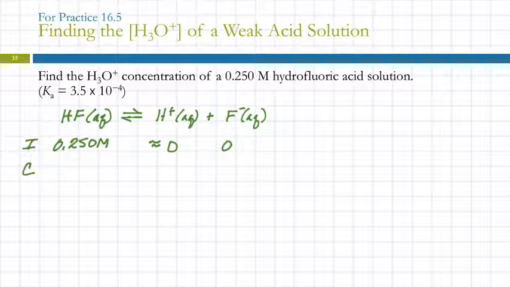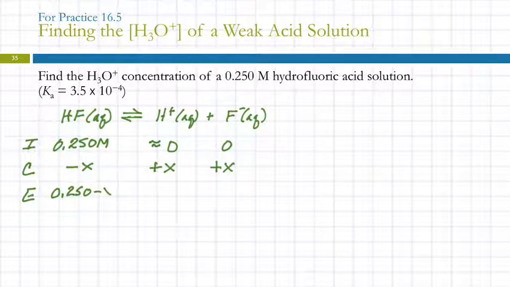And we can look at the change. This reaction can only proceed in the forward direction because there are no products to go in the reverse. All the coefficients are 1, so this is going to have a change of minus x, plus x, and plus x. At equilibrium, we add the initial and the change, and so we get 0.250 minus x, x, and x.